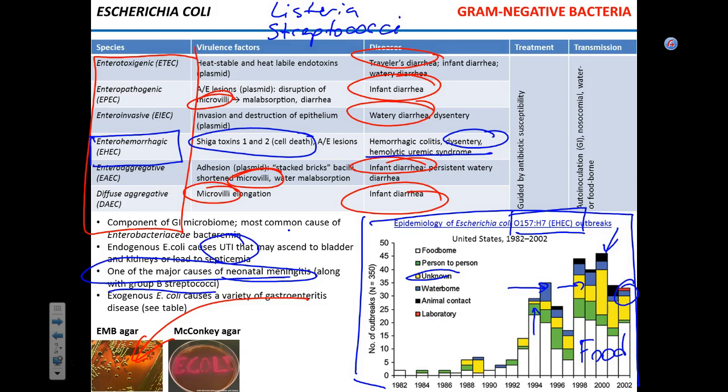But the most challenging thing: you must know gram-positive or gram-negative. This is something that sometimes gets out of your attention, but you will get a question like, which of the gram-negative microorganisms causes meningitis?